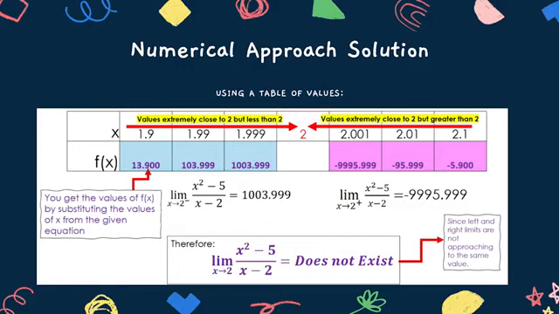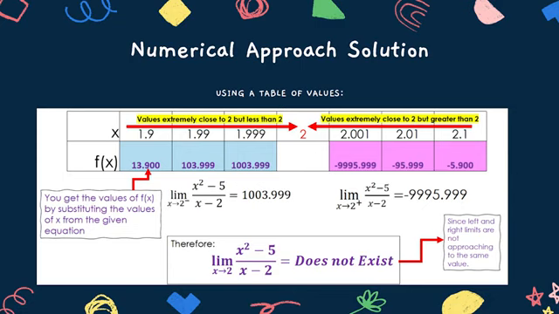We have the values negative 5.900, negative 95.999, negative 9995.999, and the limit of x squared minus 5 all over x minus 2 as x approaches 2 from the right is negative 9995.999. So you can see that they don't come up or approach a common value.